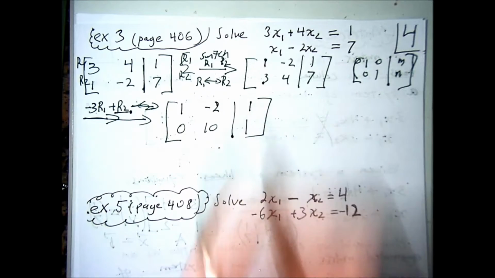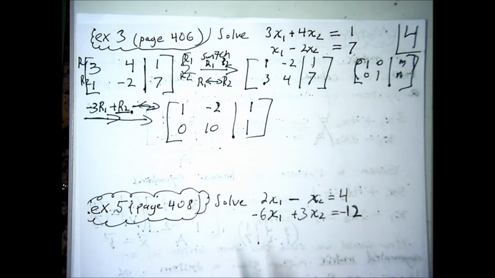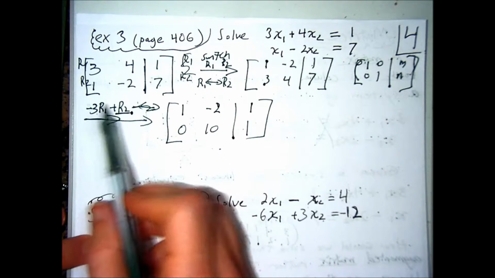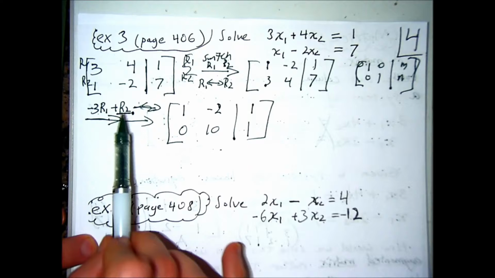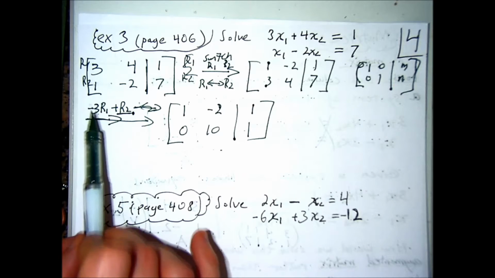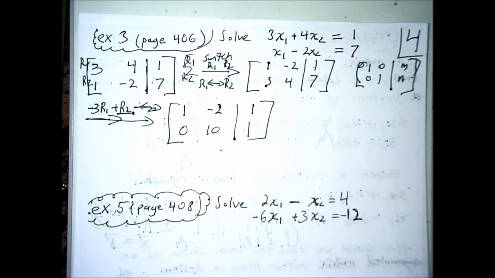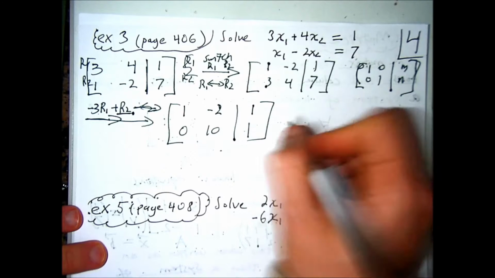So you have to be very careful there. Row 1 doesn't actually get changed. The only row that gets changed is the second one that you write when you're adding a multiple of one row to another row. Get that as a habit, because if you change it, it's going to mess up your work. So I only change the second row.